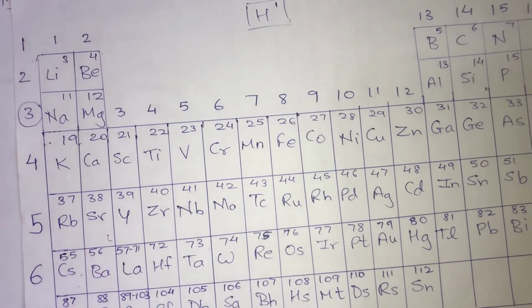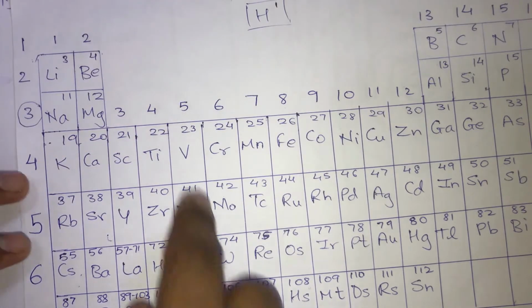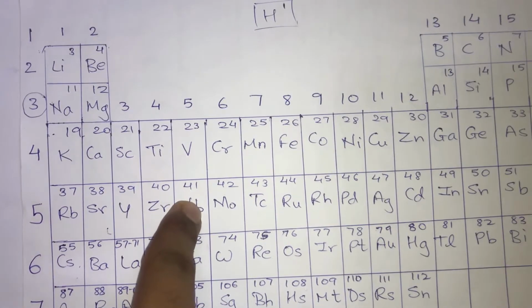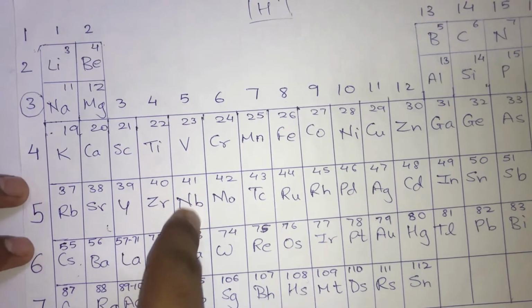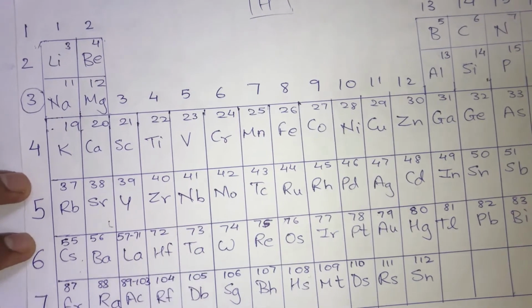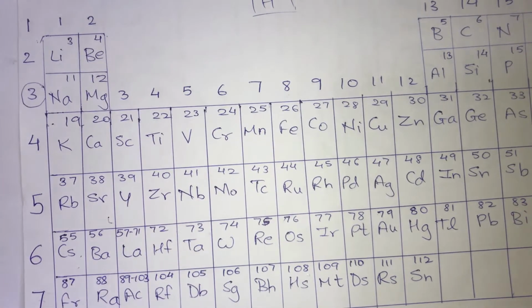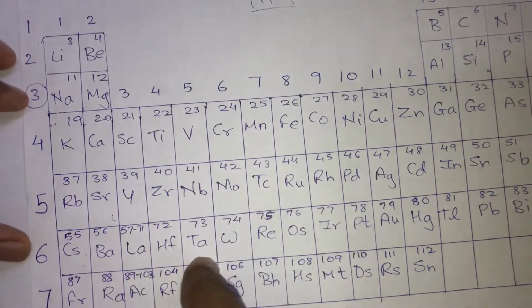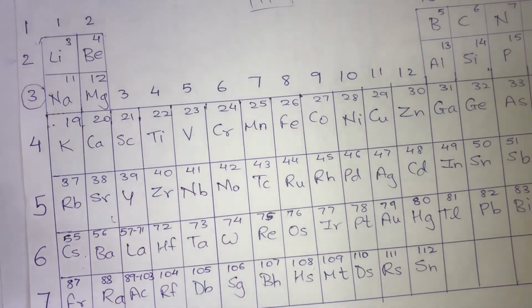Similarly, can I say, if you consider any of the groups, as you move from one period to the next, for example from the fourth period to the fifth period, one energy level is going to get added. As you move from the fifth period to the sixth period, again one more energy level is going to get added. So along the group, if you move from top to bottom, there will be an increment in the energy level by 1.